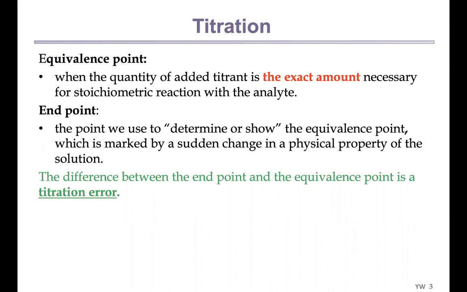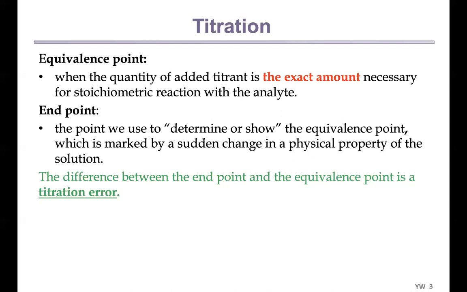And if you think about the titration process in general, it actually contains both the systematic error and the random error. So the random error comes from the uncertainty of telling the color change, and the systematic error comes from the systematic difference between the endpoint and the equivalence point. The endpoint is determined by the indicator you use.